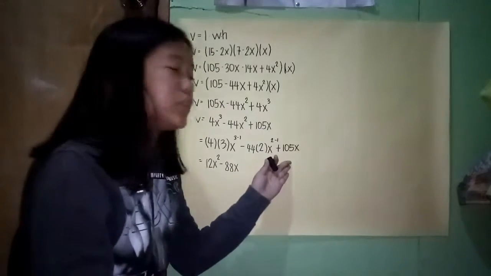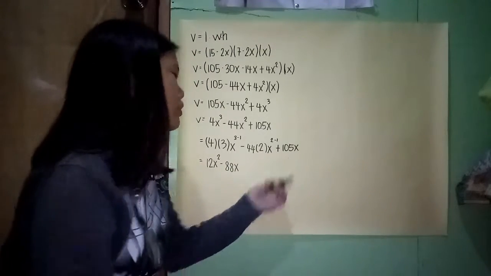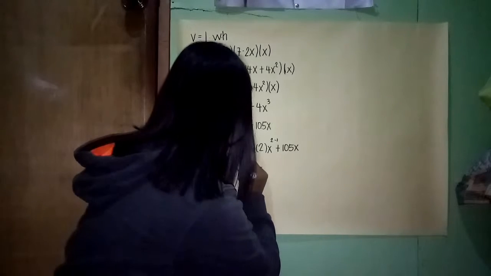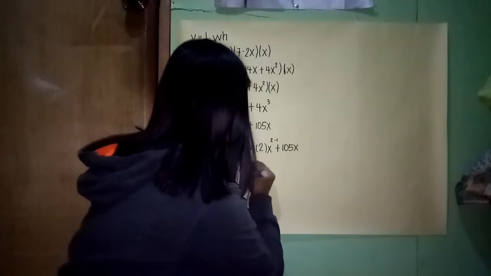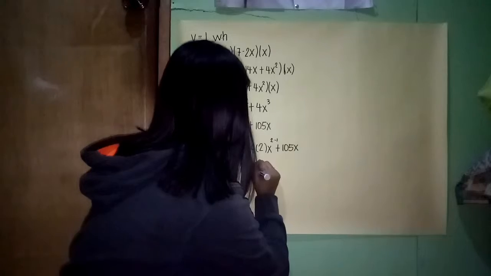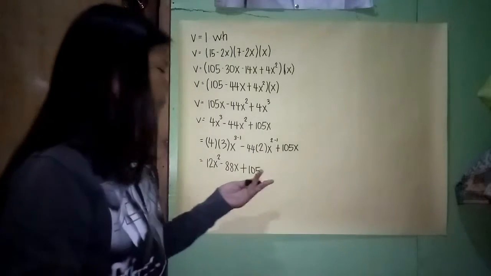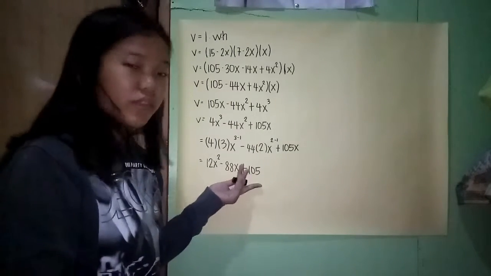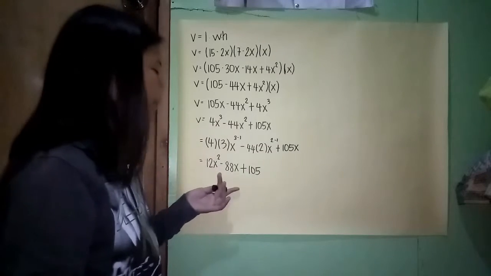We will use the constant rule on this, so this will only be 105. So now, this is the derivative of our function.